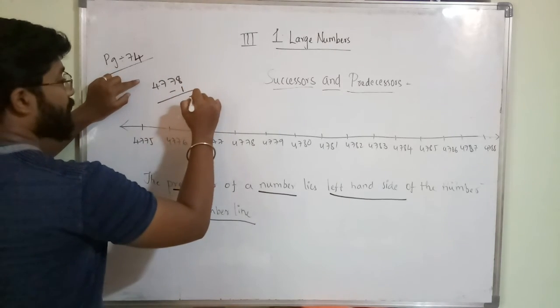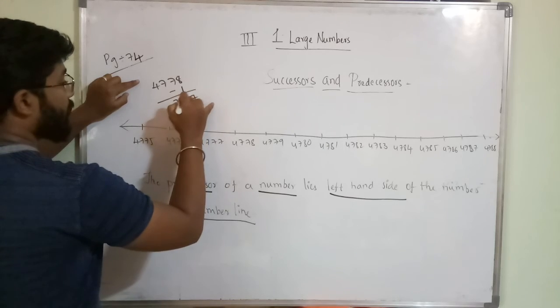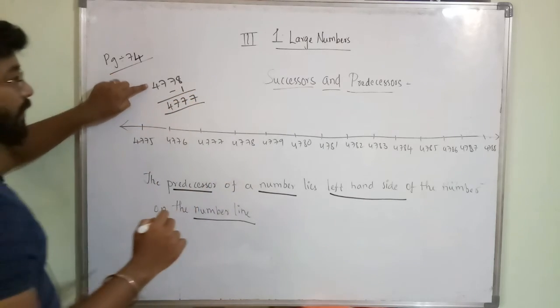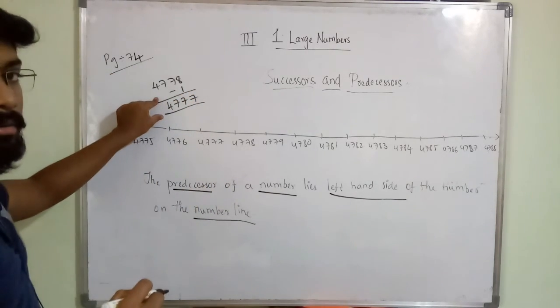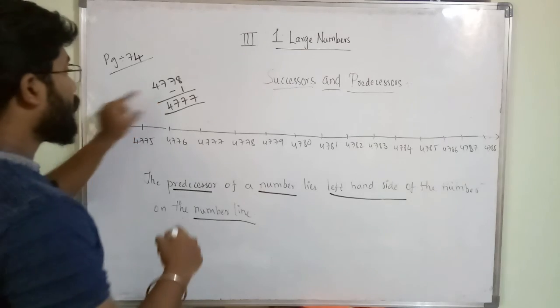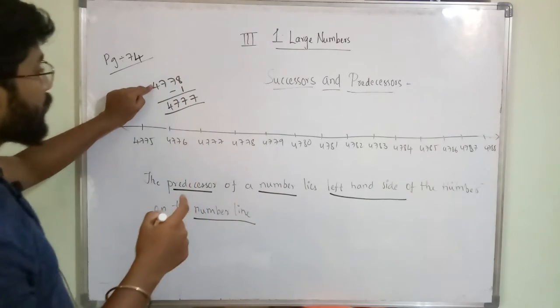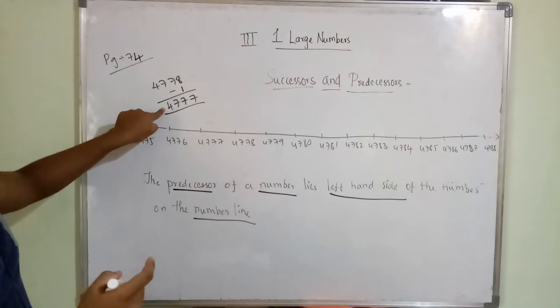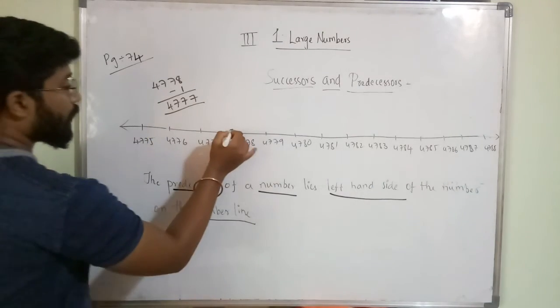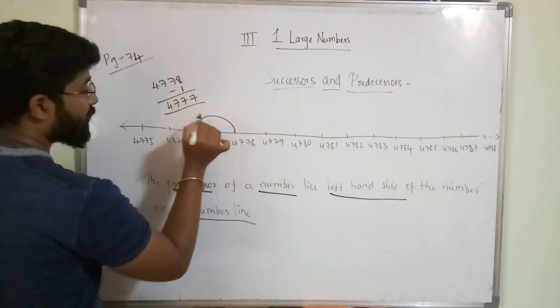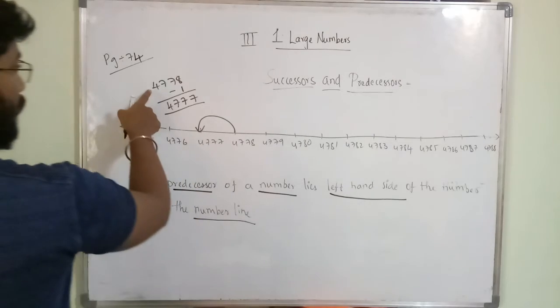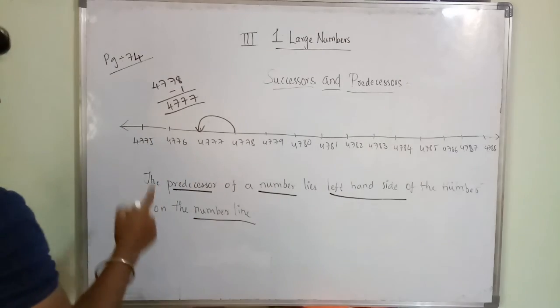If I am doing -1, I am getting the predecessor, no? So for 4778, the predecessor is 4777. Okay, where is it? It is left hand side to the given number. So that's what he is telling.